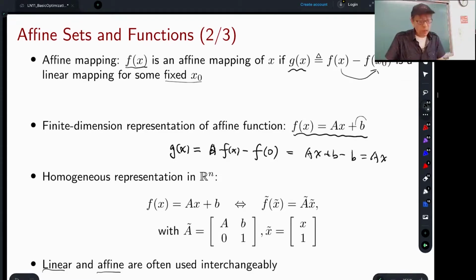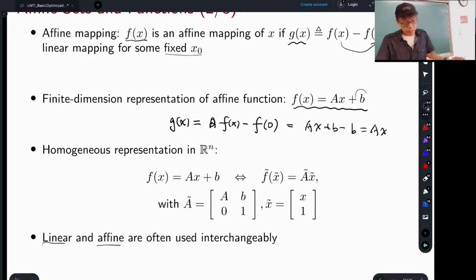Typically, when we say affine, why do we often think about it as the same as a linear mapping? Because sometimes we can conveniently write it in what is called a homogeneous representation. That's similar to our matrix pose representation, right? So we define a homogeneous coordinate, x1, which I call x tilde.